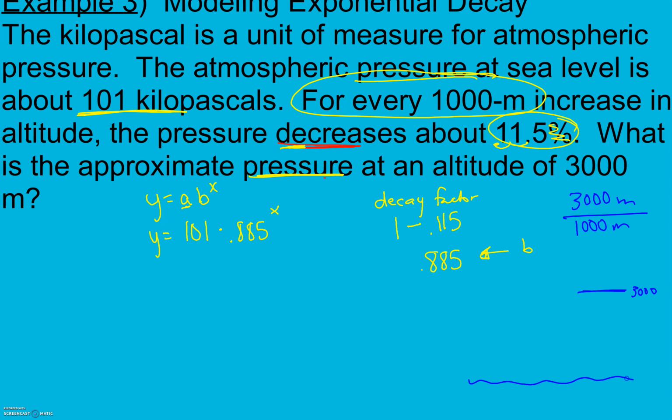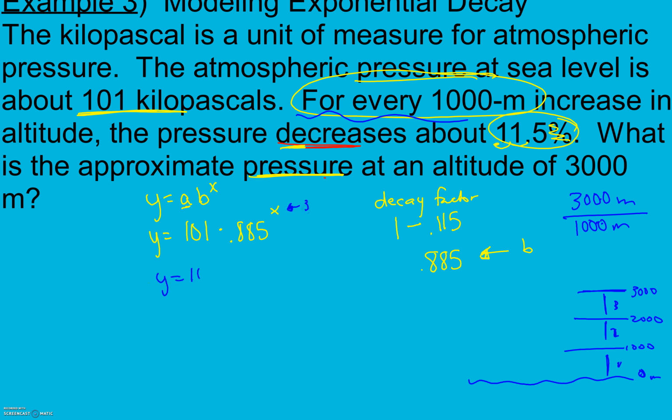Remember, sea level is at 0 meters. So I'd have 1,000, 2,000, and 3,000. So it's for every 1,000 meter increase. Here I have 1, here I have 1, here I have 1. So 1, 2, 3. And again, we could get that by dividing. So for every 1,000 meter increase, I take 3,000 and divide to figure out how many increases we've had. And we're looking for however many increases we've had as our x.